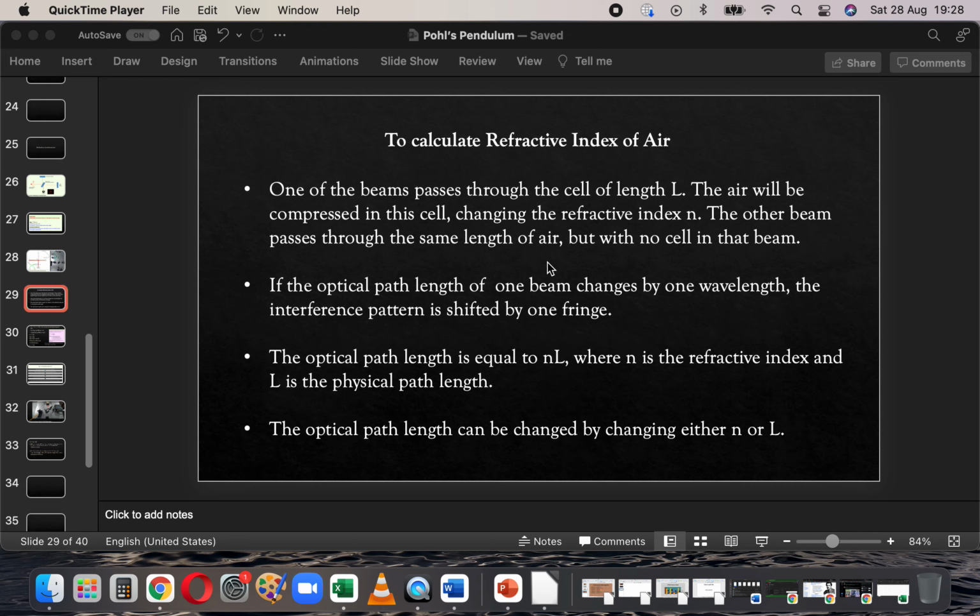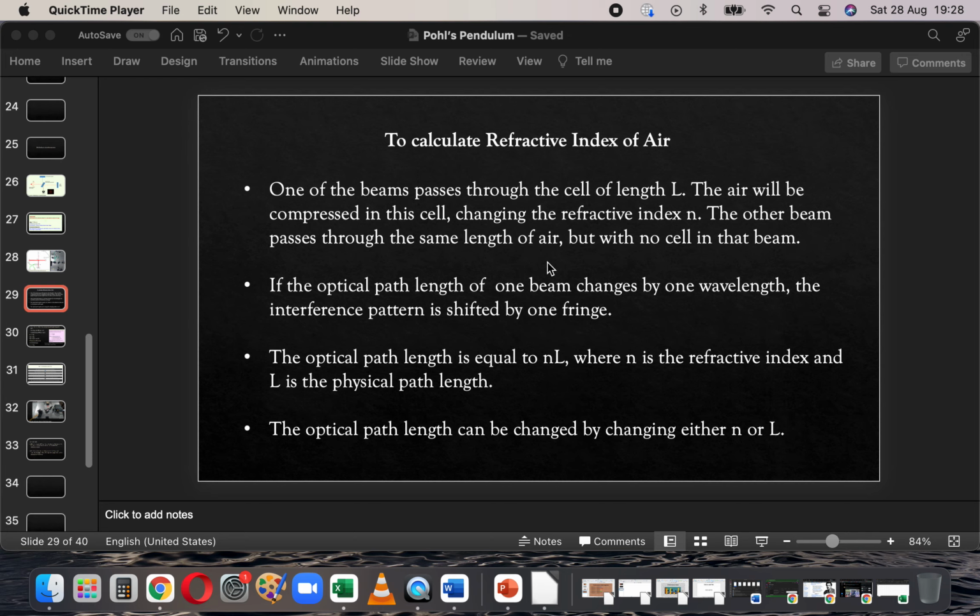The length of that cell is L, and if the optical path length of one beam changes by one wavelength, then the interference pattern will shift by one fringe. For a length L, the optical path length is equal to nL, where n is the refractive index.